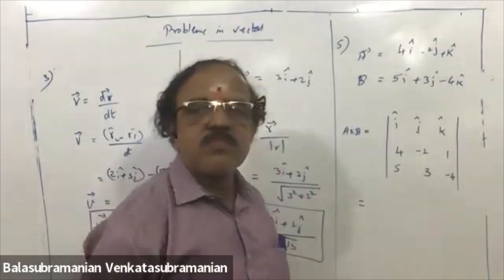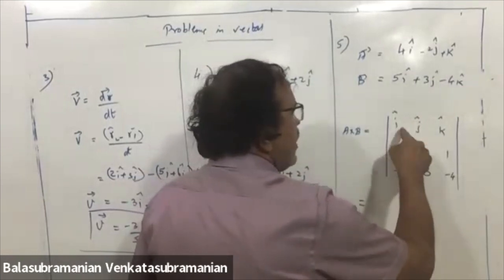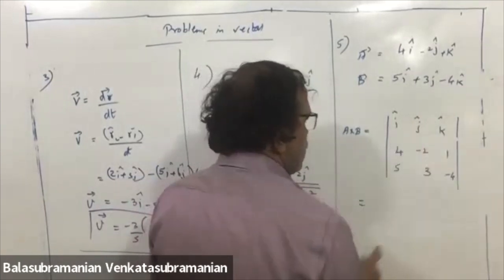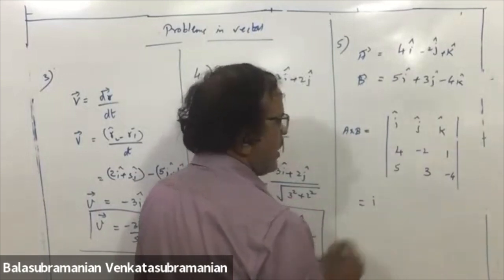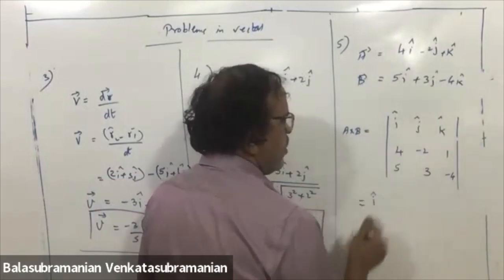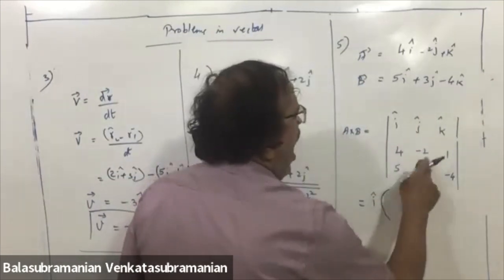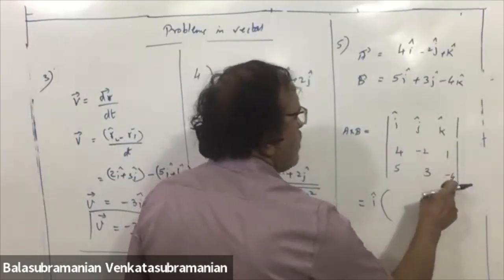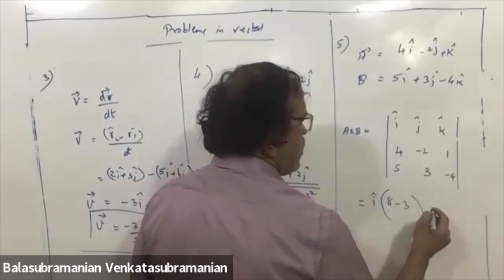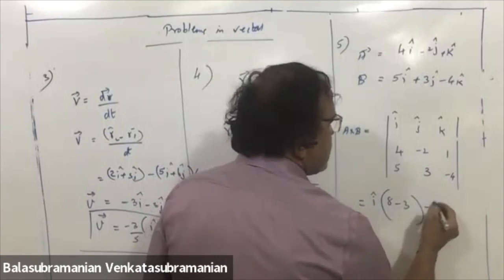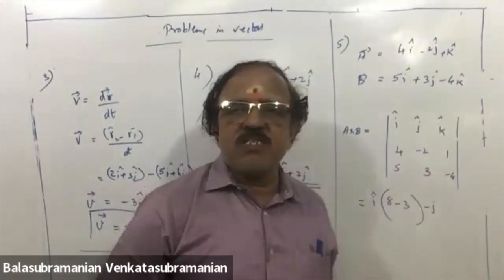I want to calculate for i, so leave this column, this row. i cap, multiply minus 2 into minus 4 is 8, minus 3. Minus j, that is the concept.